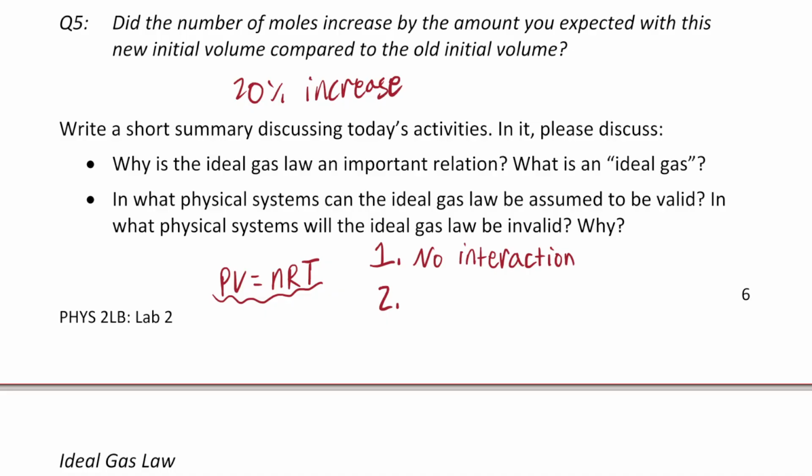But either way, it's the same thing. Doesn't really matter. And then the second thing is just that molecules have no volume. This is not the whole entire gas itself. This is the individual molecules that have no volume. Okay, so that's what an ideal gas is.